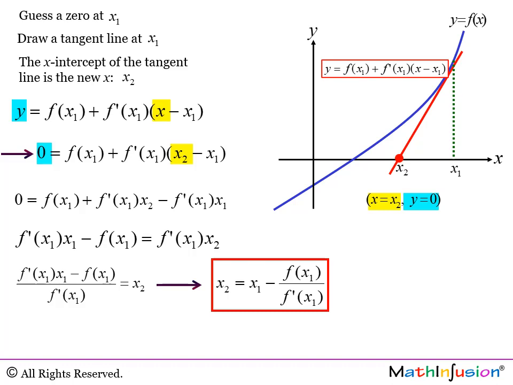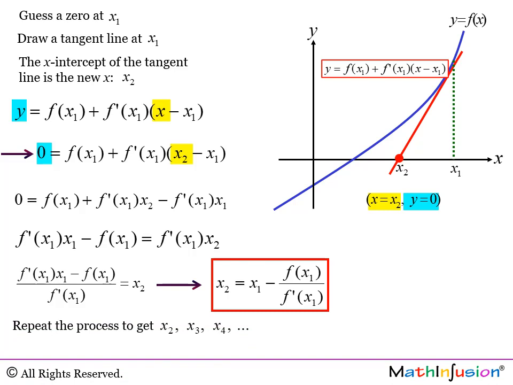And we get that x sub 2 equals x1 minus f of x1 over f prime of x1. As you can see, this is exactly what we got before in general, that x sub n equals x sub n minus 1 minus f of x sub n minus 1 over f prime of x sub n minus 1.